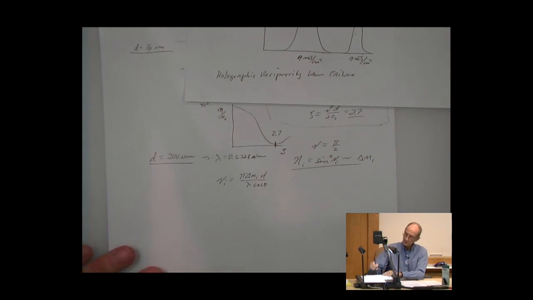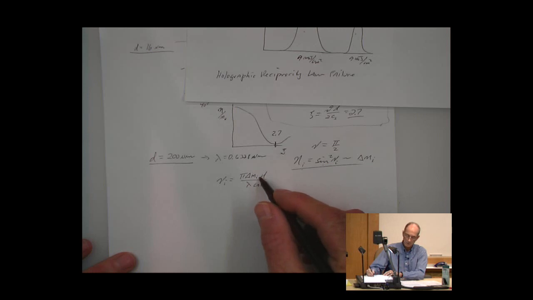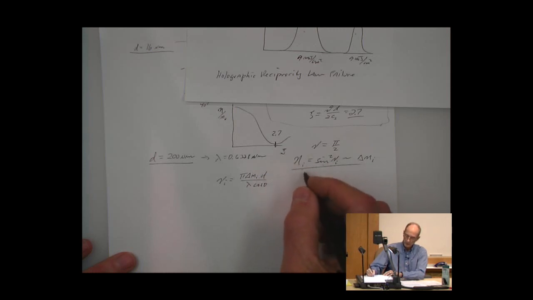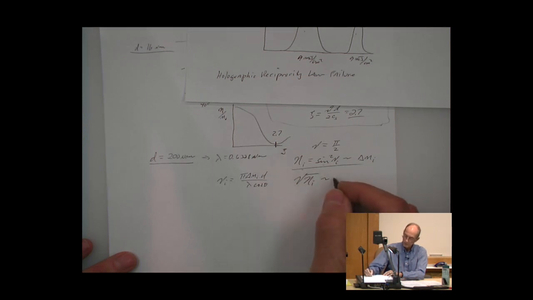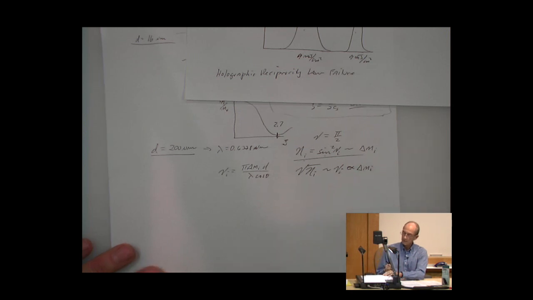And so the efficiency is equal to the square of the sine. But for small delta n's, we can say that the square root of the efficiency is proportional at least to nu sub I. And this is proportional to our delta n sub I, all right?